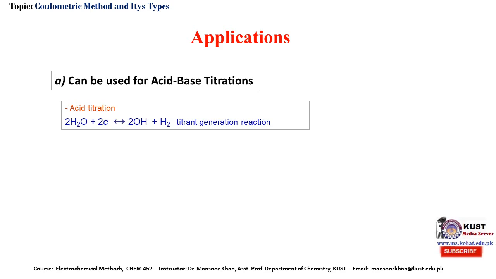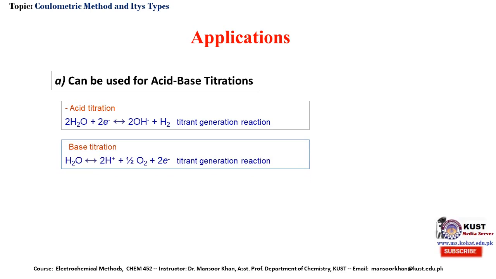The titrant and the analyte are one acid and the other a base, and the reaction between them is a neutralization. This is the acid titration, in which H2 production leads to the formation of OH-, titrant generation, while this one is the base titration, in which hydrogen ion production takes place.